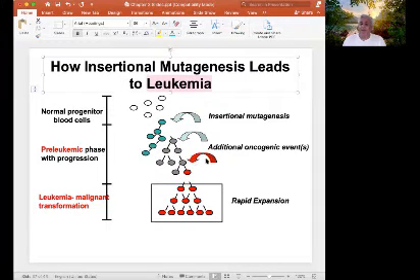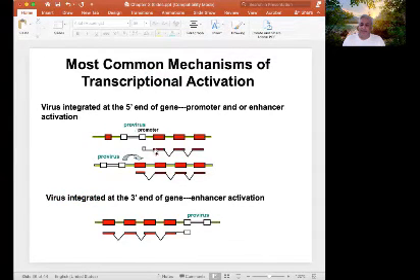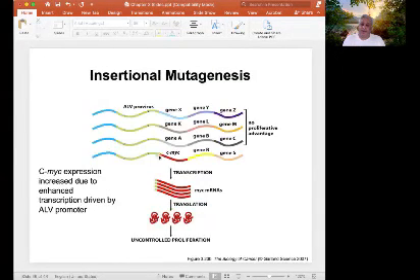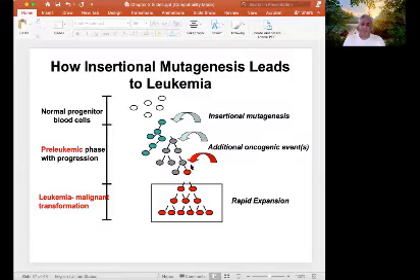And then suddenly you have an insertion at a point that does exactly what we were talking about on this slide here, right? So you get this insertion here ahead of an important gene, and now you have a leukemia. And that is called the malignant phase of leukemia, right? And then you get rapid increase in the number of cells.